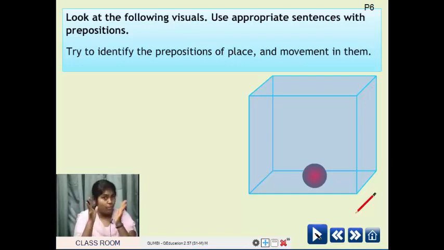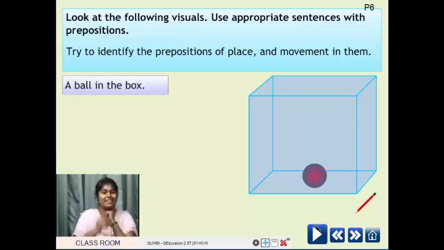Look here, children. There is a box and you can see a ball. Where is the ball? It's on the box. No, really? Is the ball on the box? Is it on the box, children? Where is the ball? Yes, in the box. Correct.